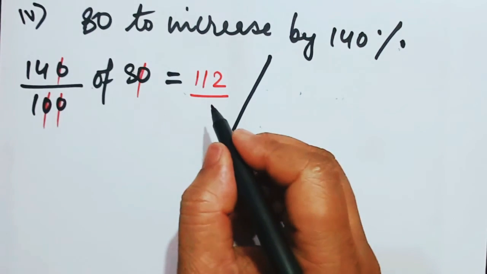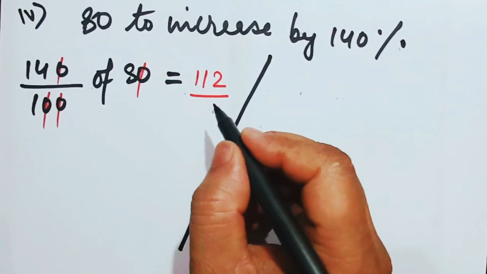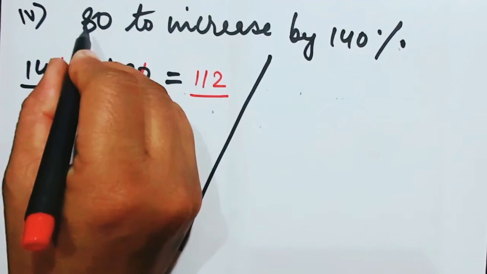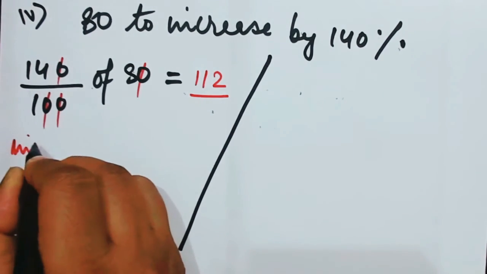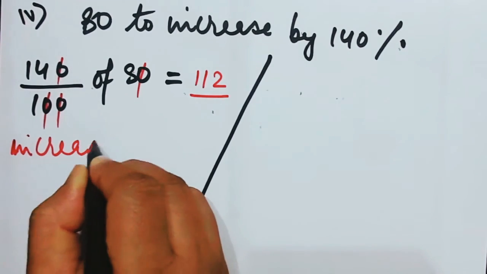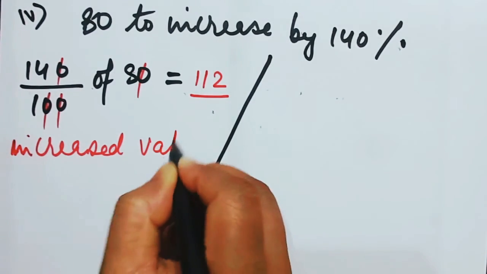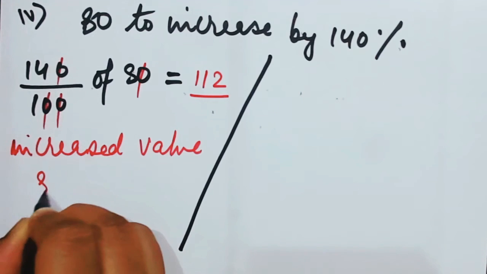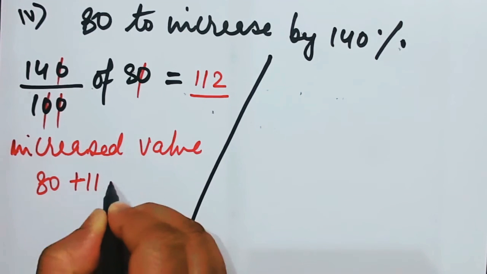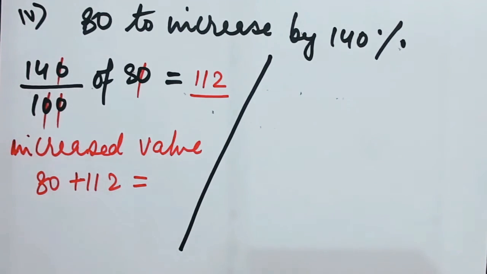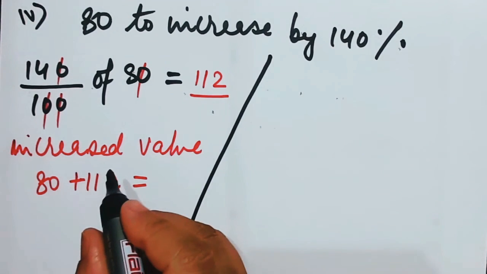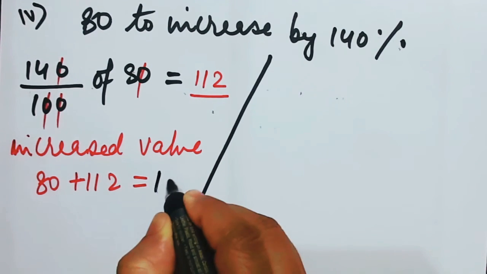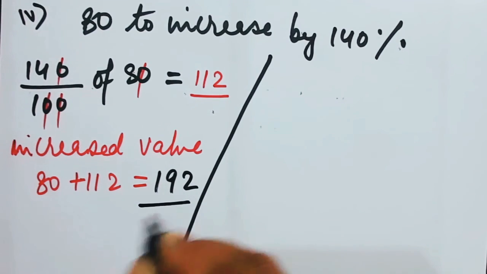So 112 when added to 80, the new or increased value will be equal to 80 plus 112, which will give you 192 as your value.